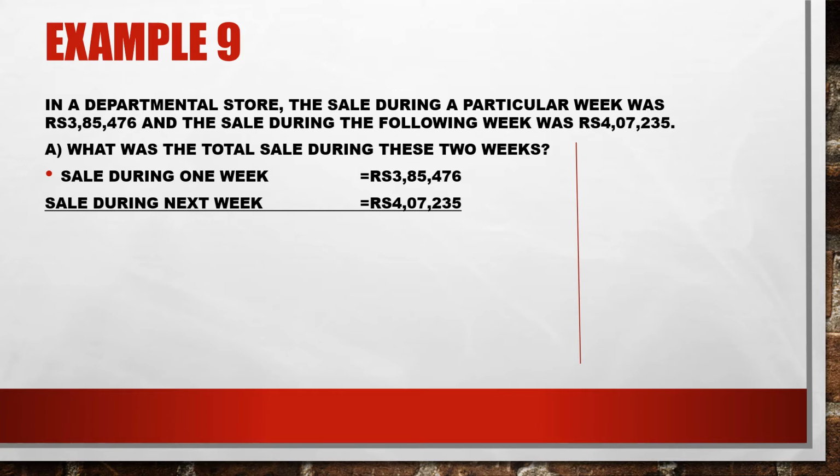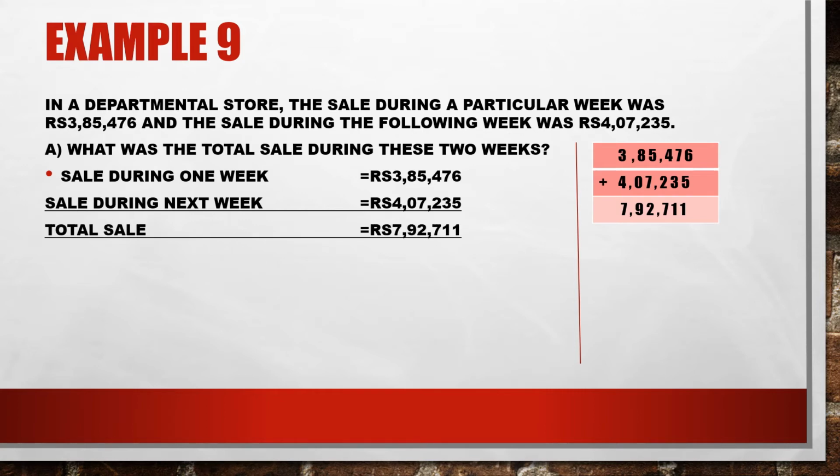Draw a solution box and enter the digits 3,85,476 and next 4,07,235. So you need to total them. You get 7,92,711. So the total sale, what is the total sale? 7,92,711.